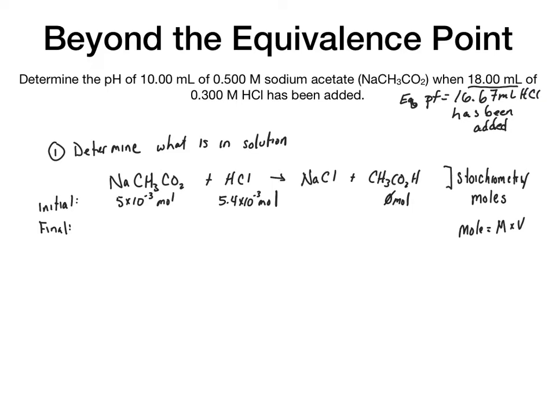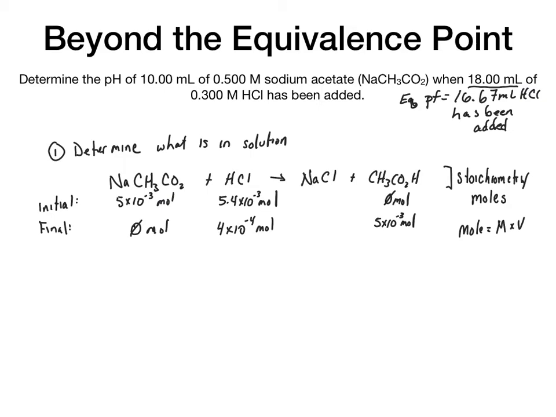In this case, our sodium acetate is our limiting reagent, leaving us with 4 times 10 to the minus 4 moles of HCl and 5 times 10 to the minus 3 moles of acetic acid.